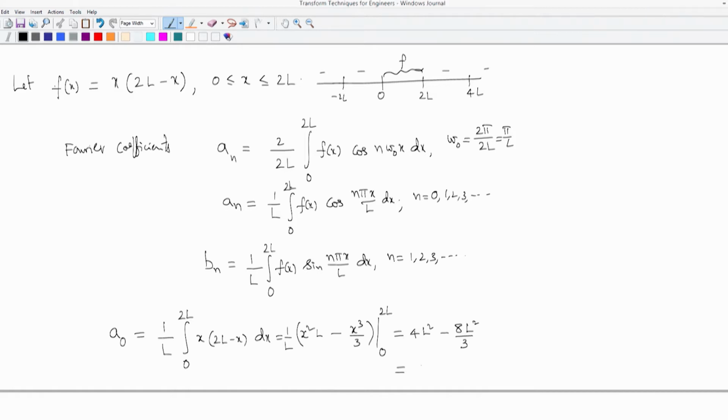So it is equal to 4 times 1 minus 2 by 3. What is this value? 4L squared comes out, and you have 1 minus 2 by 3.